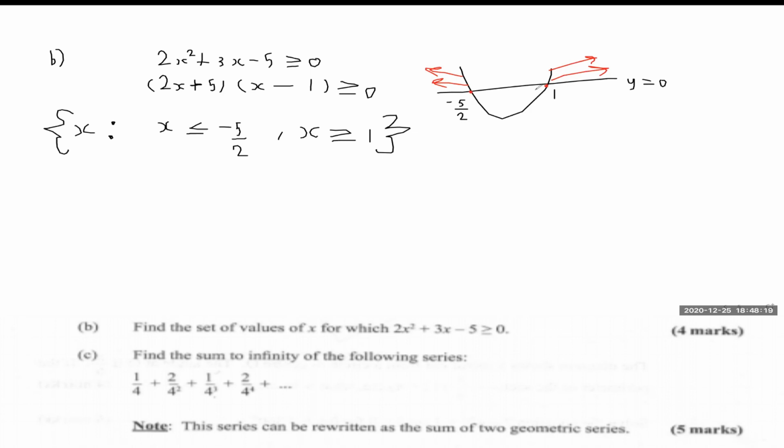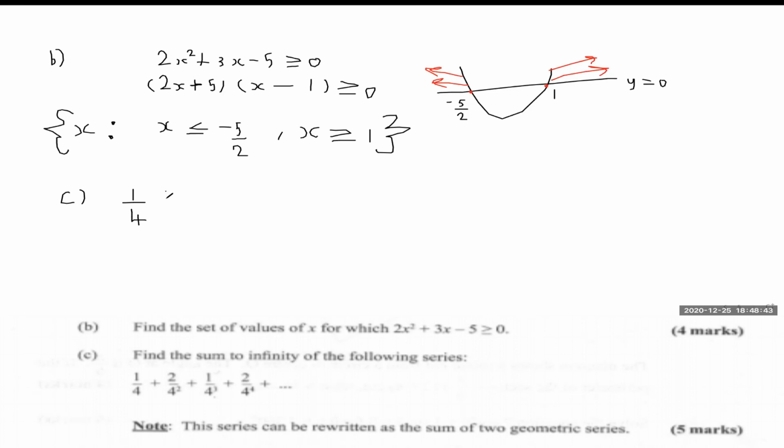Now part C. Part C is a sequence question, and it says find the sum to infinity of the series. You notice that we have 1 over 4.